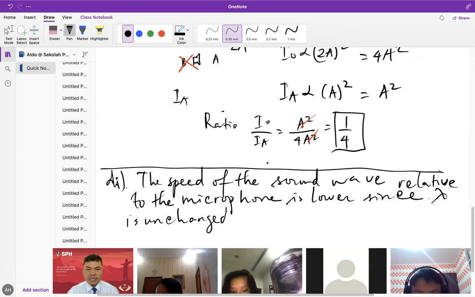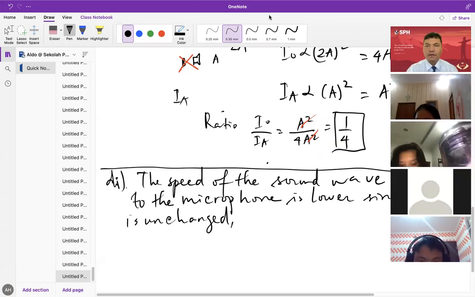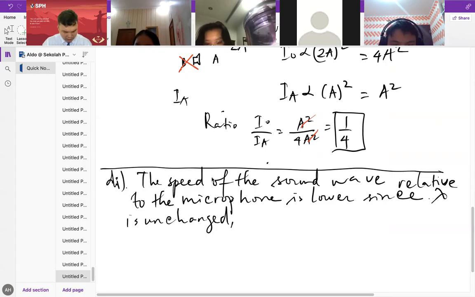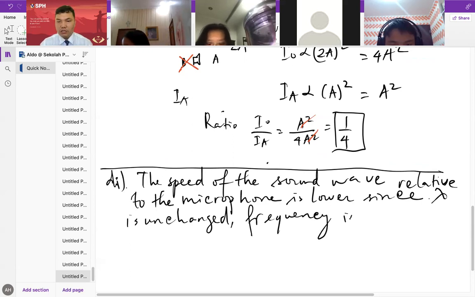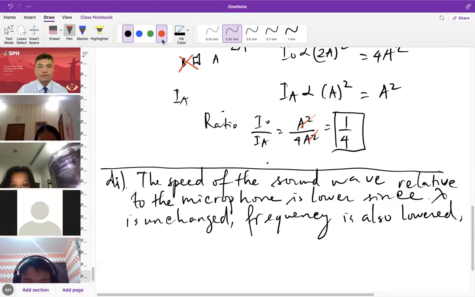In this context, the wavelength doesn't change, it's unchanged. The frequency is also lowered. These are the key things. The speed lowered, therefore the frequency lowered.